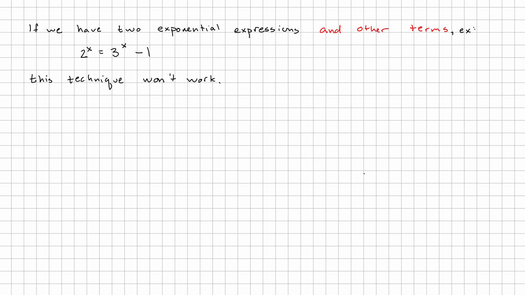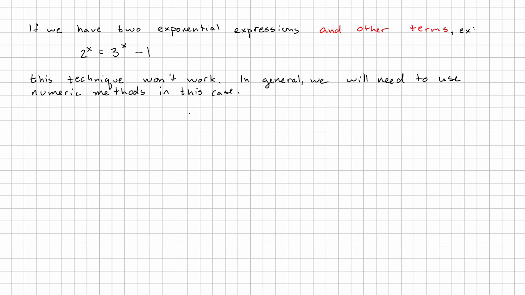In general, if we have two exponential expressions and other terms, we'll need to use numeric methods, some sort of trial and error or some sort of computational process to get usually an approximation for an answer.